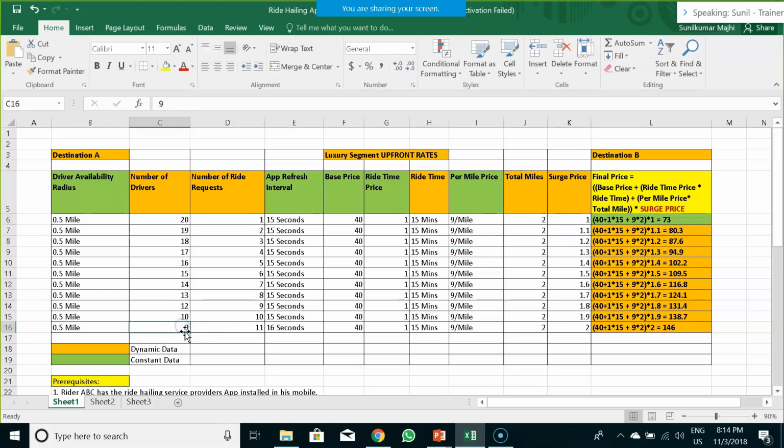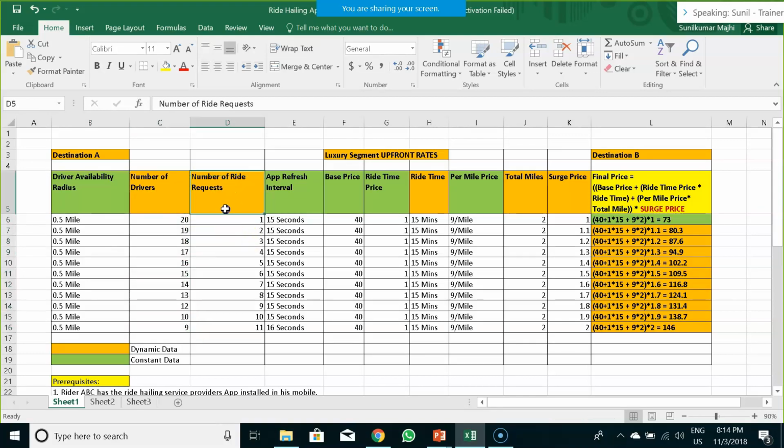If the number of drivers is less, the price would be more, depending on what destination I am going to. So let's say the Uber application is searching for the driver within a radius of 0.5 miles. And within those 0.5 miles, it would calculate how many drivers are available. Now it gave me a number of drivers over here.